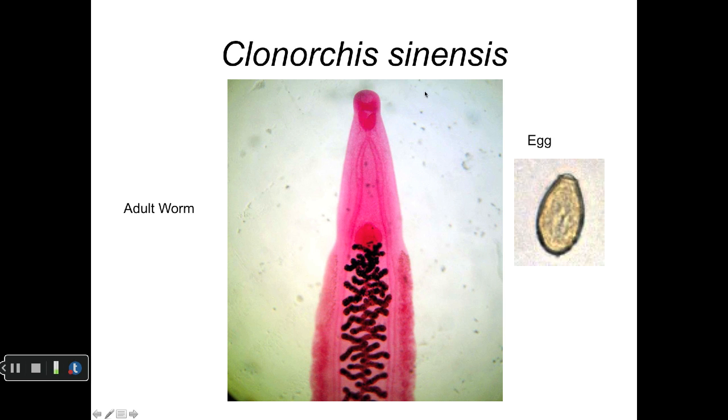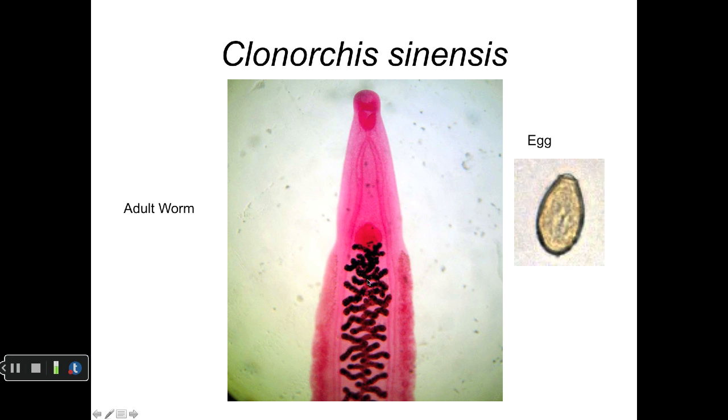This first image here actually shows about the anterior half of the worm. So you can see it's rather long and slender. It has the oral sucker here, the ventral sucker here. You can see that the digestive tract is rather simple and tubular, so you have the esophagus and then the branched ceca going all the way down the length of the worm.